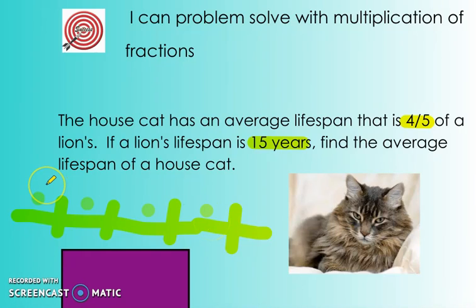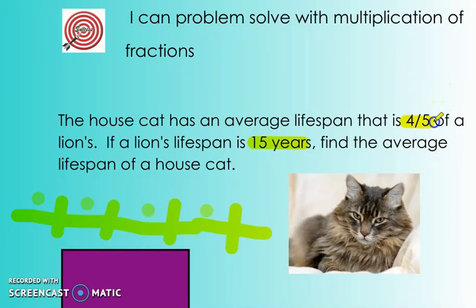I'm trying to figure out how many years are in each of these equal parts, and how many years total is 4 of those equal parts out of the 5. So I'm taking 4/5 of that 15 years.